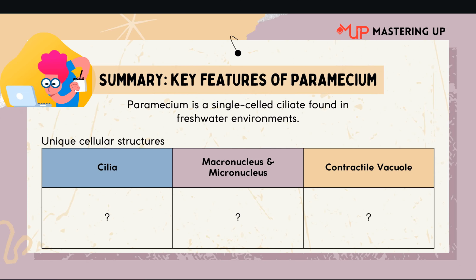Now let's summarize the key features of paramecium. Paramecium is a single-celled ciliate found in freshwater environments. Now try to recall the functions of unique cellular structures: cilia, macronucleus and micronucleus, contractile vacuole.